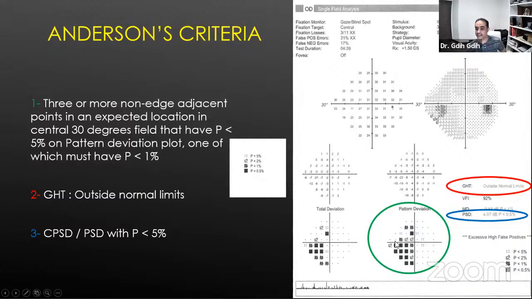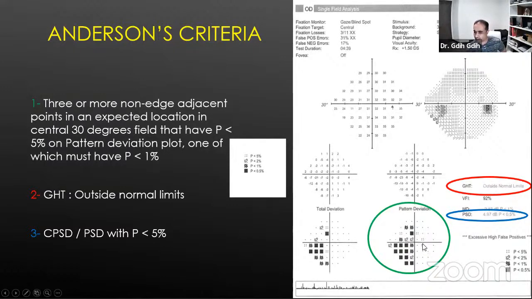We have 16 adjacent points. See that? Non-edge adjacent points. We cannot count those 2 points here, which are non-adjacent. Why are they called non-adjacent? Because they have normal points in between them. So we cannot count these 2.